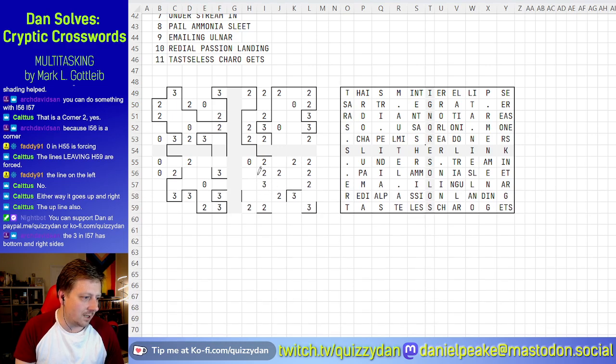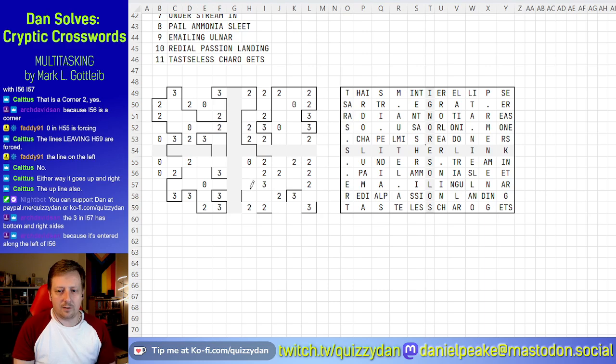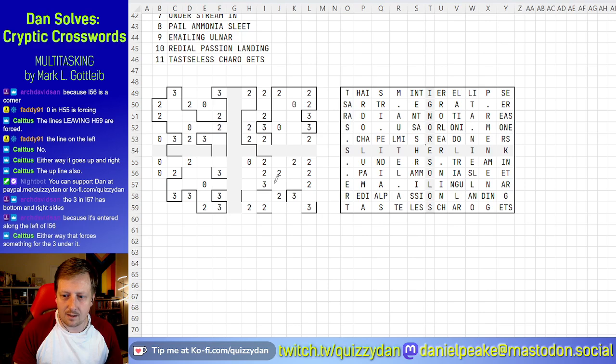So therefore, it must be this and this, or that and that, which doesn't work. So it is that or that. So it's going to go that way. Okay, so that is useful to know. The 3 in I57 has bottom and right sides. Okay.